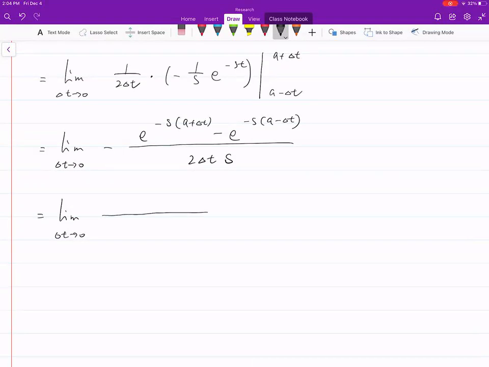Now what I want to do is take this s out, and take e to the negative as out, and then put these two together, with negative s delta t.